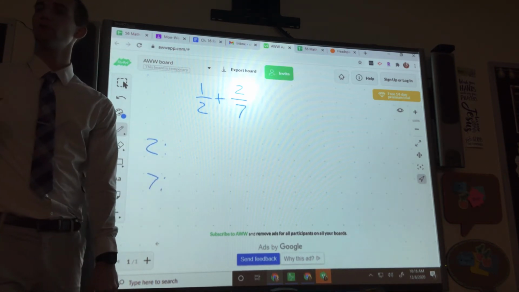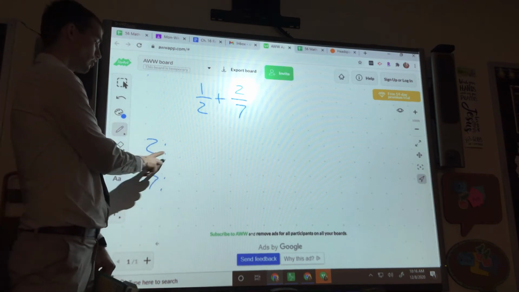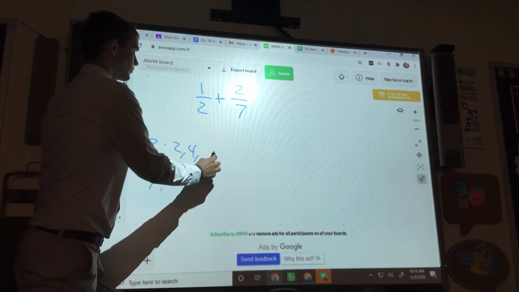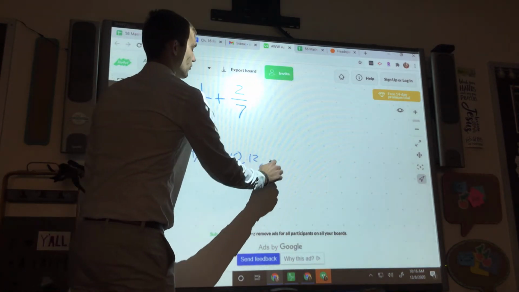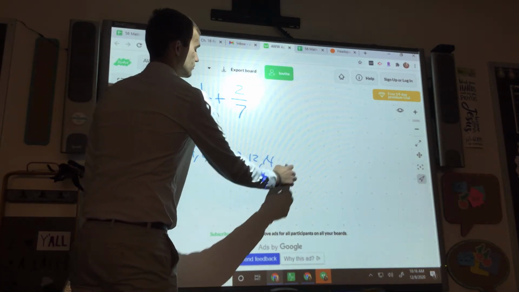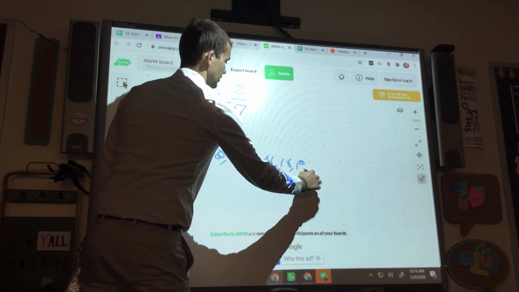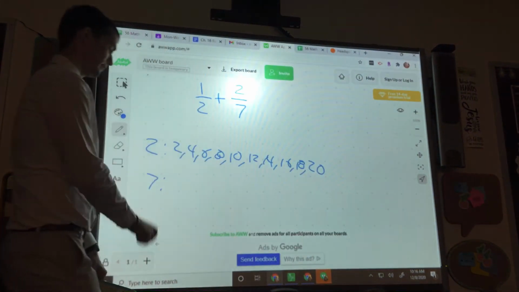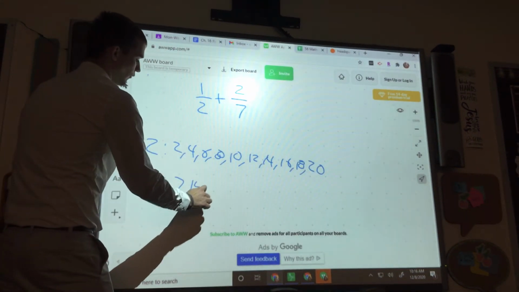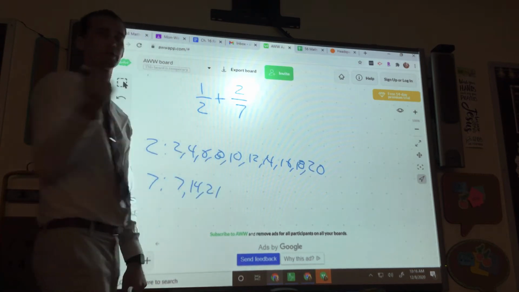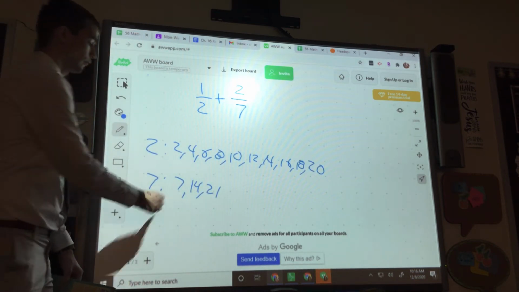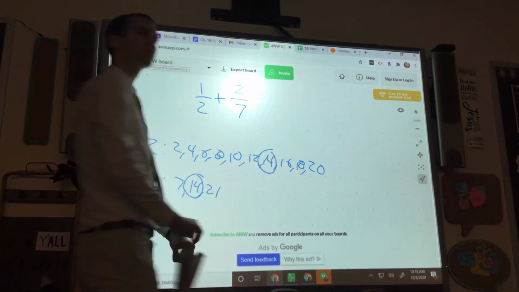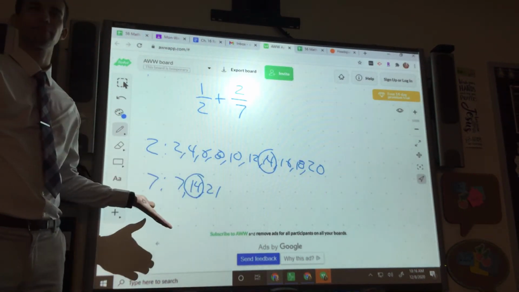You see what do they both go into. So 2 goes into 2, 4, 6, 8, 10, 12, 14, 16, 18, 20. 7 goes into 7, 14, 21. It goes up pretty quickly, obviously. What's the number that they both go into? 14.